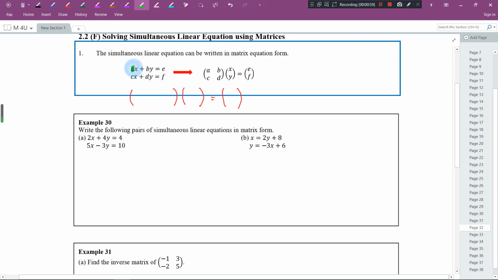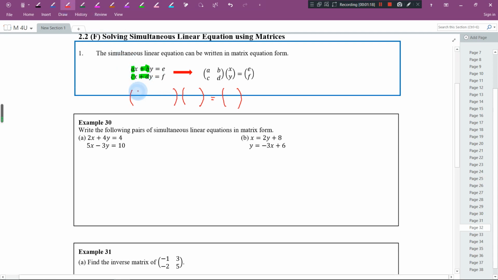Now you just look at the coefficients here. I will highlight them together with the sign, because if it is a negative, when you write the element, you have to write the negative as well.